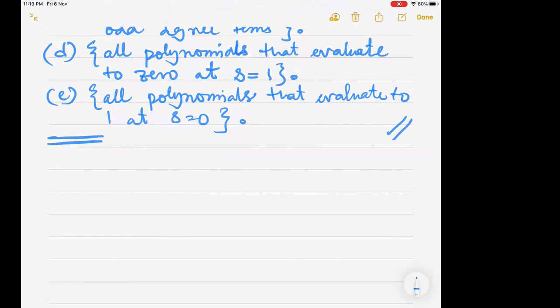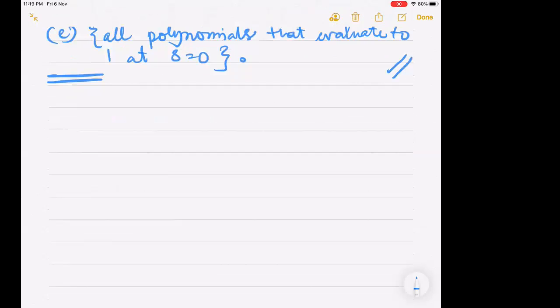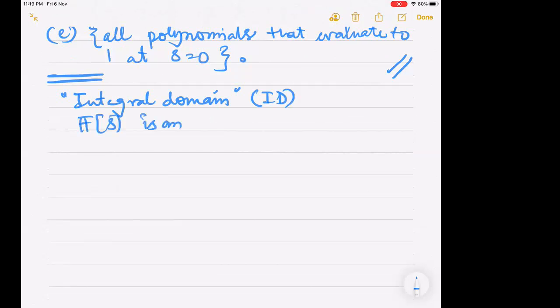Now, Fs is a kind of a special ring. Why? Because it's also an integral domain, or ID. What is meant by ID?